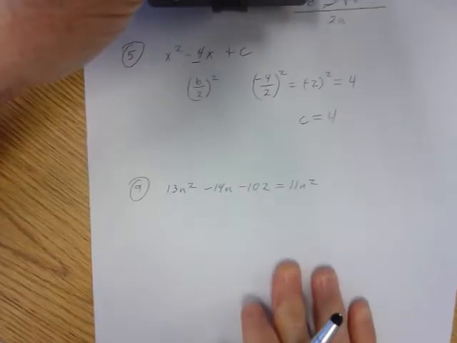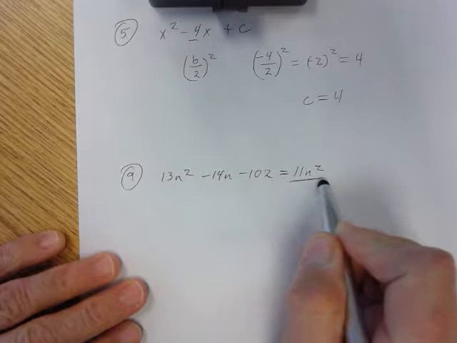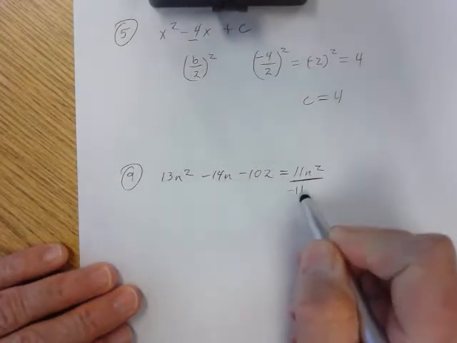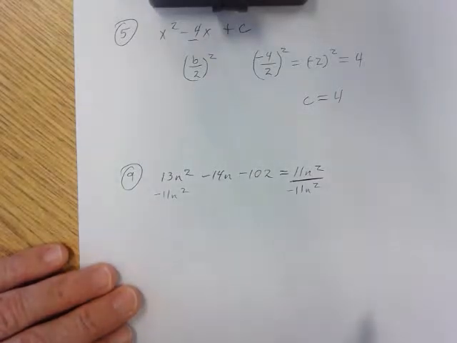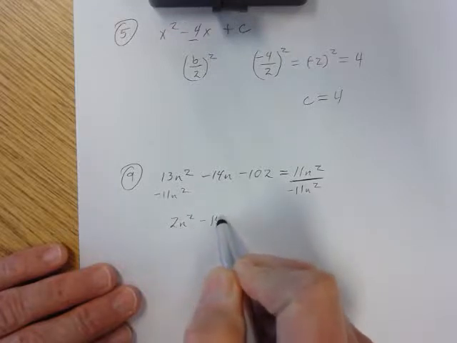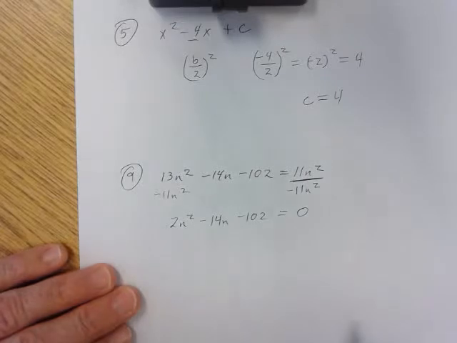Okay, number 9. Again, they're tricking you a little bit here. Solve each equation by completing the square. Notice this is not set equal to 0 yet. So we're going to have to subtract 11n squared from each side, and subtract from the like terms. So that gives us 2n squared minus 14n minus 102 is equal to 0.